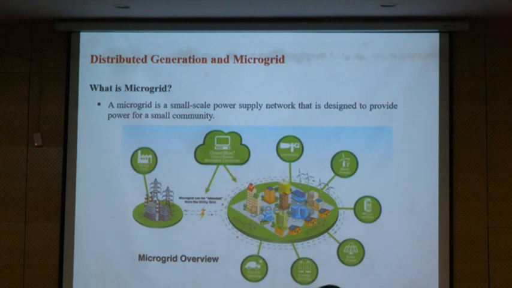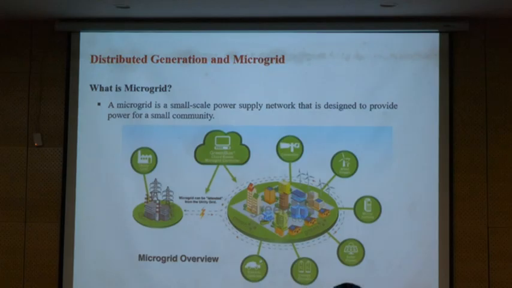But the message is that this type of grid or building has the possibility to be separate or isolated from the grid. So a microgrid is a part of the grid which can be disconnected from the grid when we have some issue in the grid, and then connected to the grid when the issue is solved.